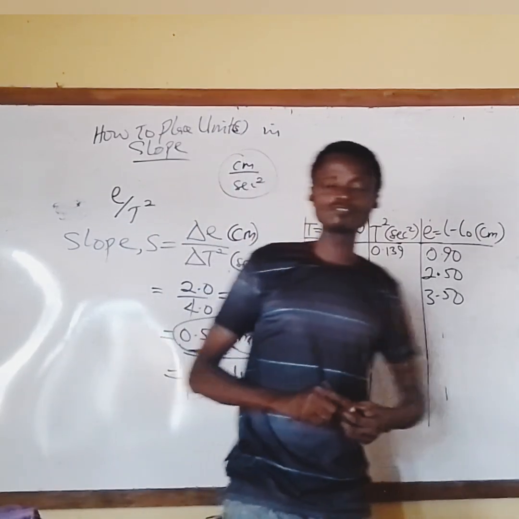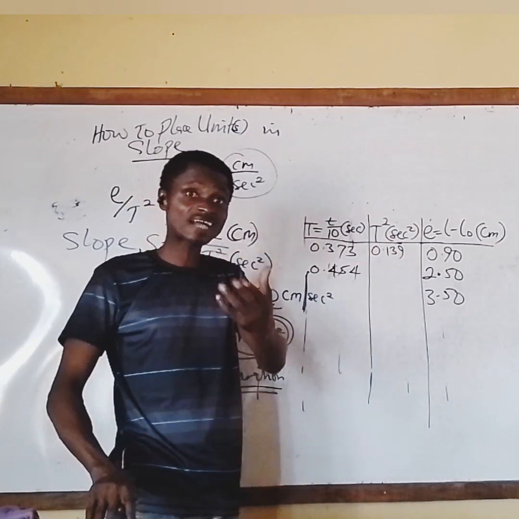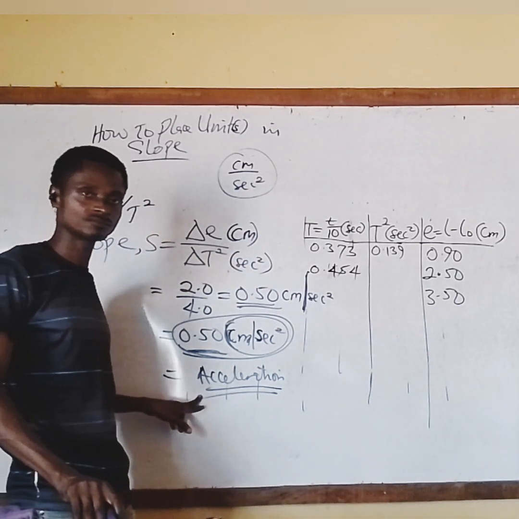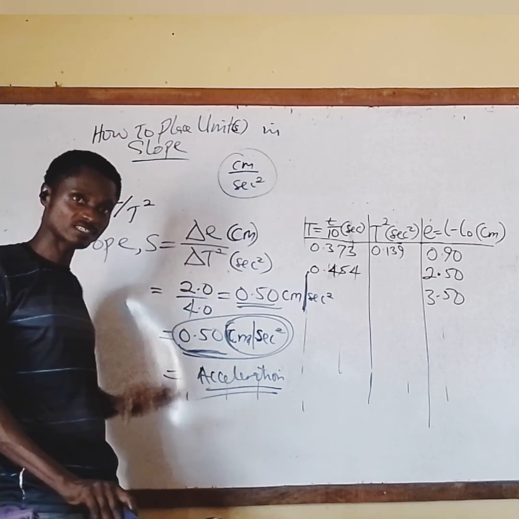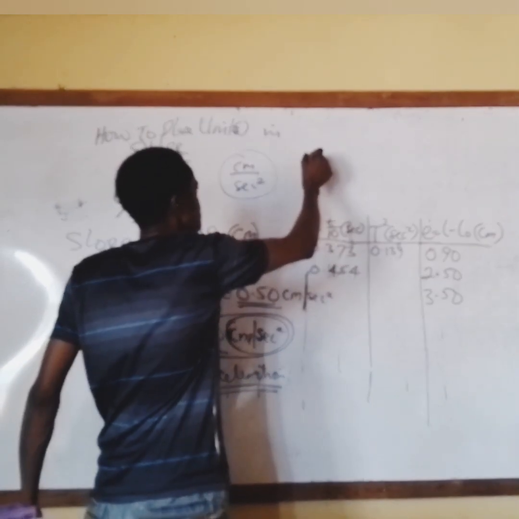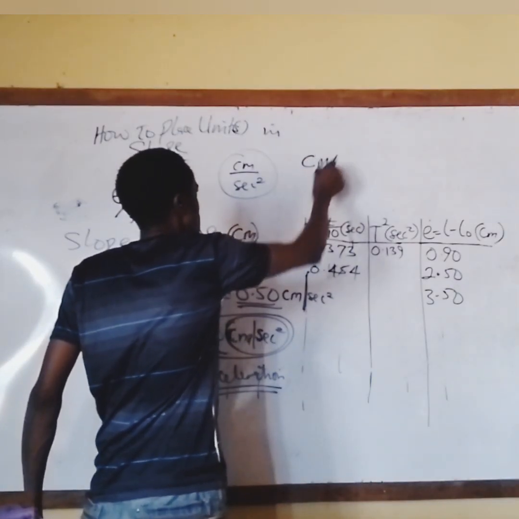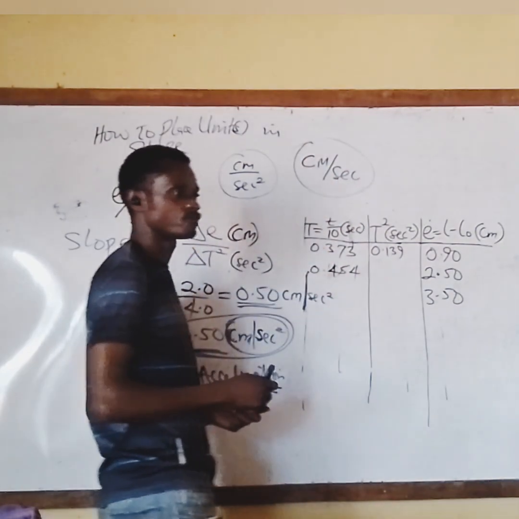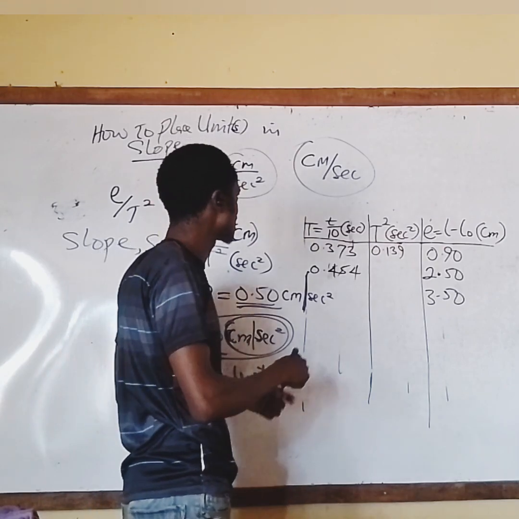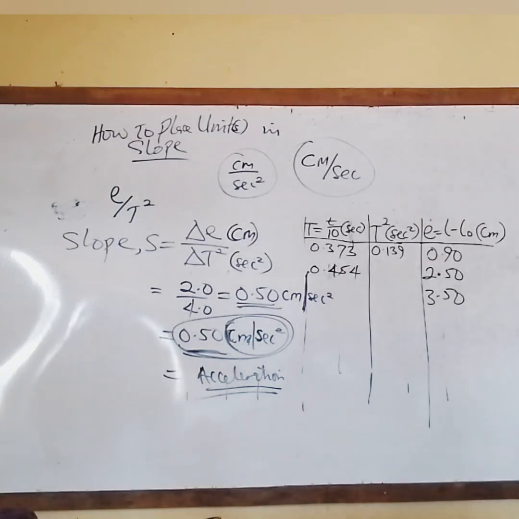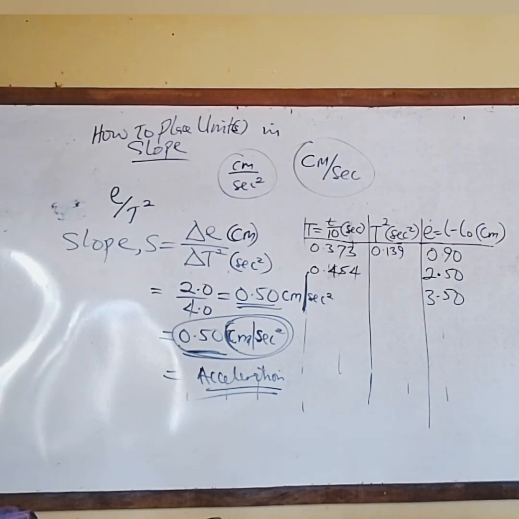So it means the physical quantity used to measure the slope is acceleration. Do you understand that? So acceleration is a physical quantity. Sometimes you may see it in terms of centimeter per second, which is the same thing as velocity. Is that taken? So just take note of that, because it is something you must always take note of.